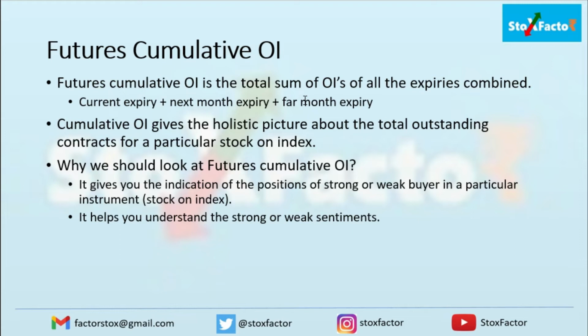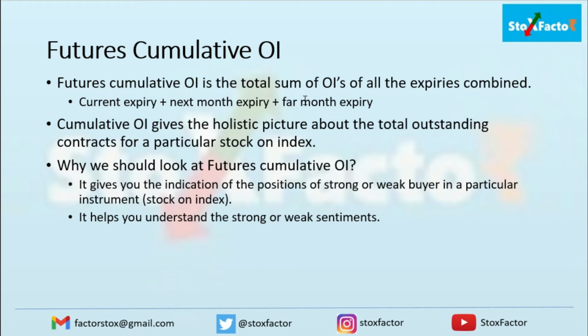But in the case of indices like Nifty and Bank Nifty, you will find huge liquidity up to the March expiry, because the index has a very huge volume in the total turnover in the market. 60% of the volume is contributed by the index only. That's why the index is a very liquid instrument.